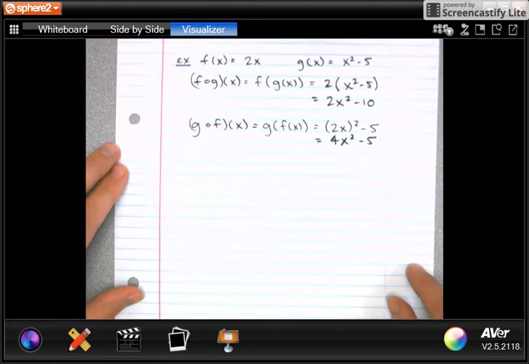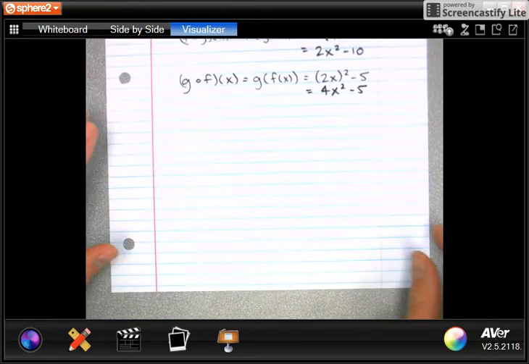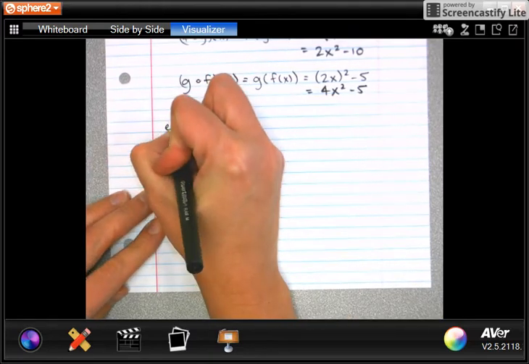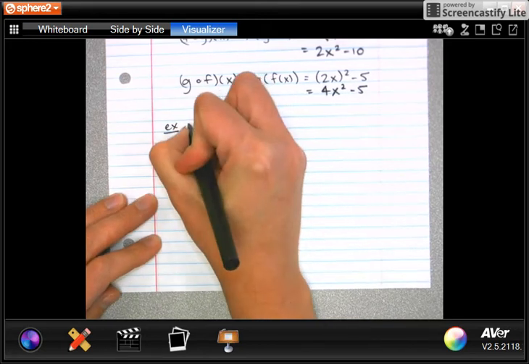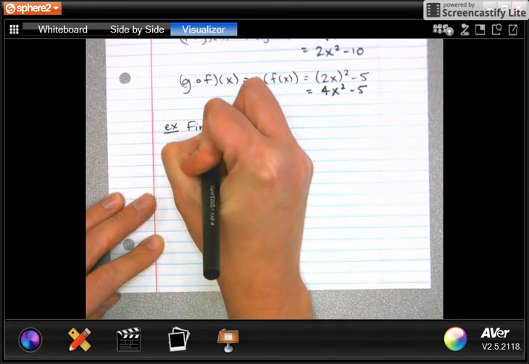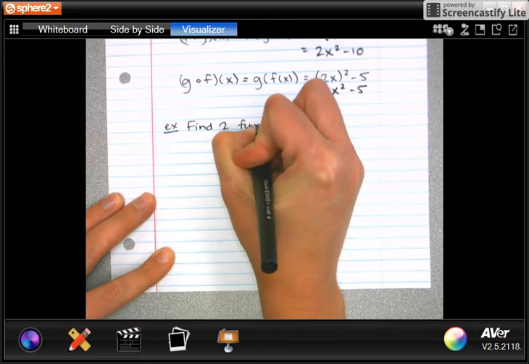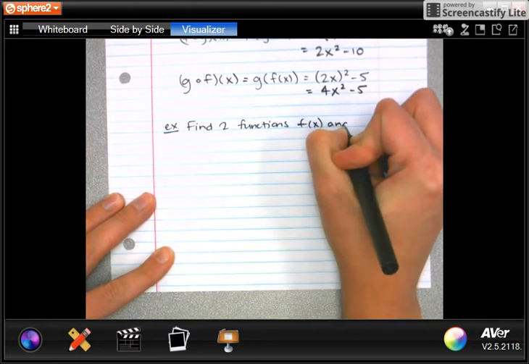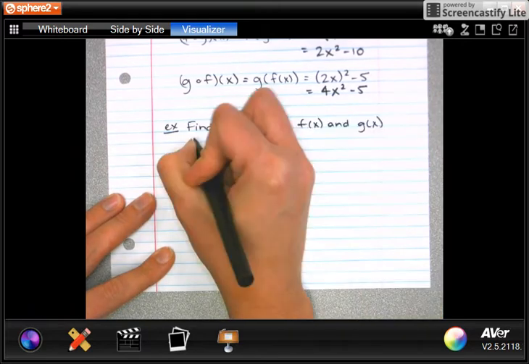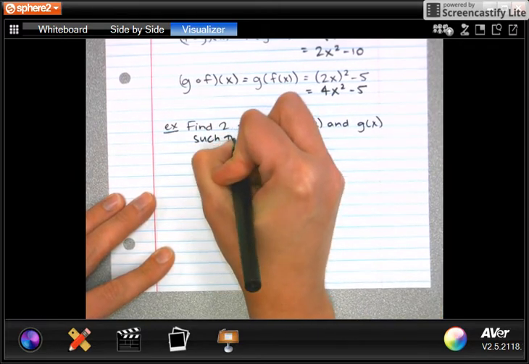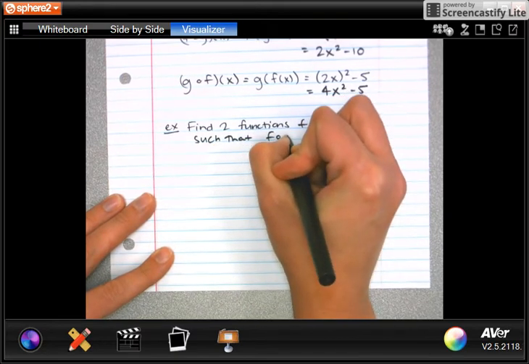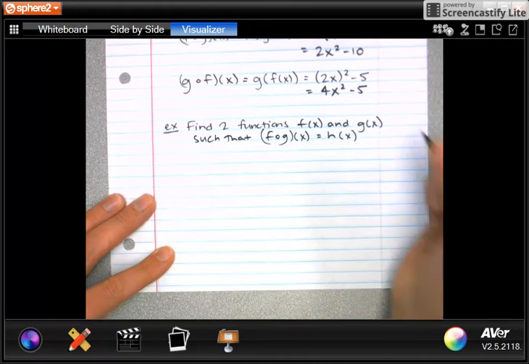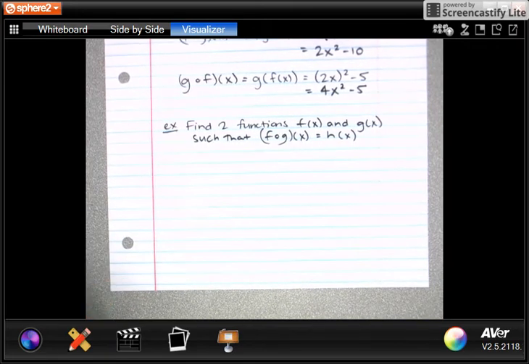Another common example is identifying the two functions that are making up a composition. So the directions might say something like, find two functions, F of X and G of X, such that F of G of X is equal to H of X, and H of X is going to be our given function.